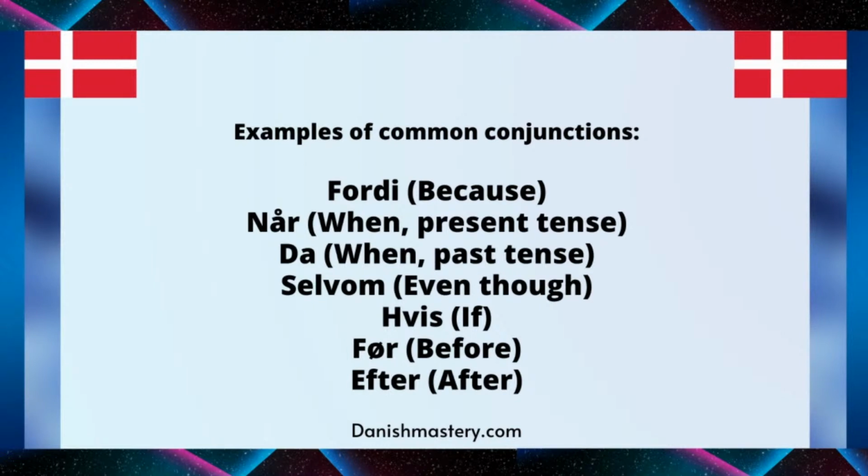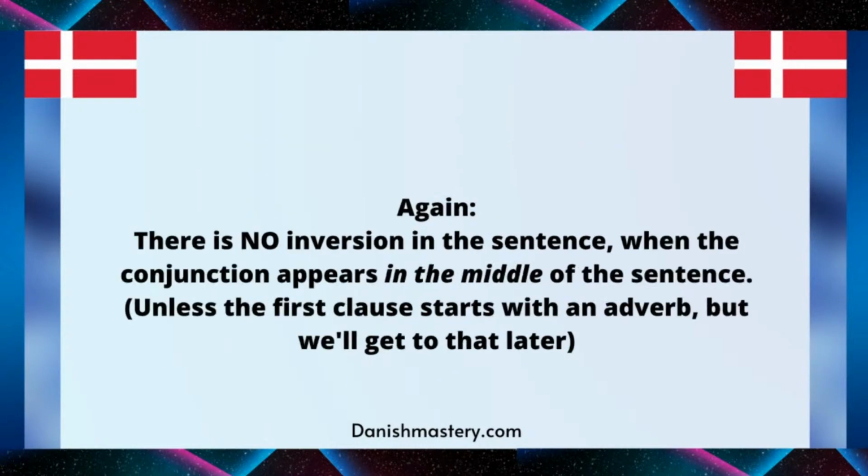You can see that all of these are sort of connecting things. So, there is no inversion in the sentence when the conjunction appears in the middle of the sentence. It's important. And like it says here, if the first clause starts with an adverb, then yeah, it can, but we'll get to that later. You'll see it.